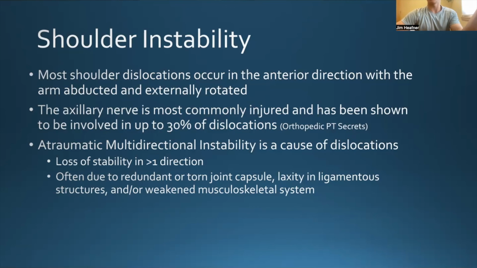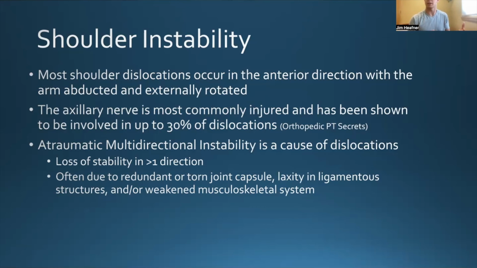So when someone comes in and they've had some shoulder instability event, you need to be looking for muscle weakness, and asking about numbness, tingling, and vague pains down the arm. And atraumatic multidirectional instability is a common cause of dislocations. That's a loss of stability in more than one direction.